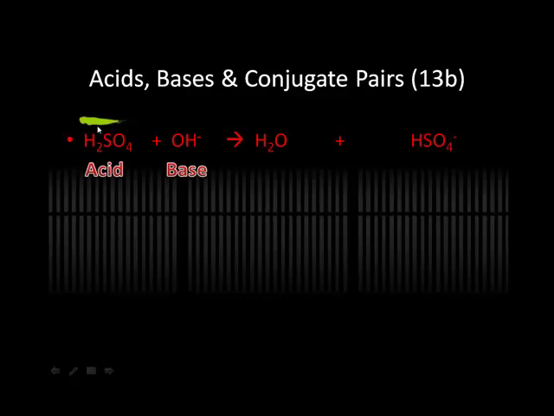And what you have left over here, since this lost a hydrogen, and since hydrogens have a positive 1 charge, whatever you have left has 1 less positive charge, so it's negative. And notice we have also only 1 hydrogen here. Okay?